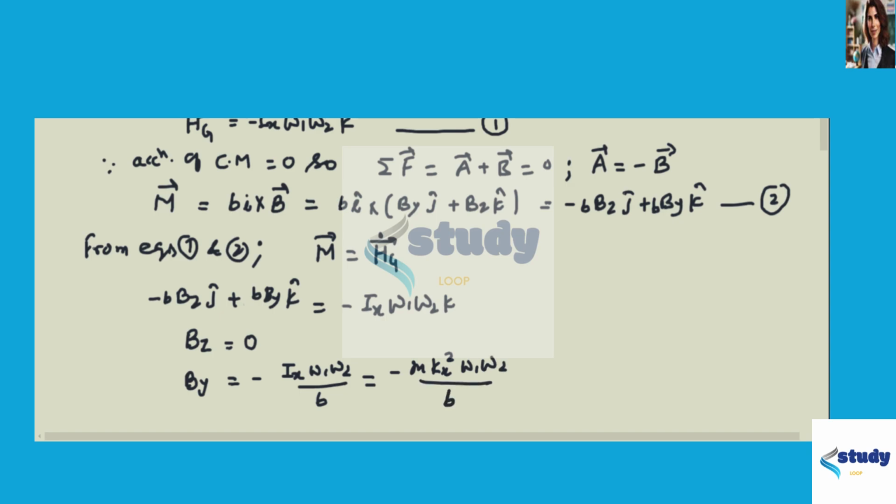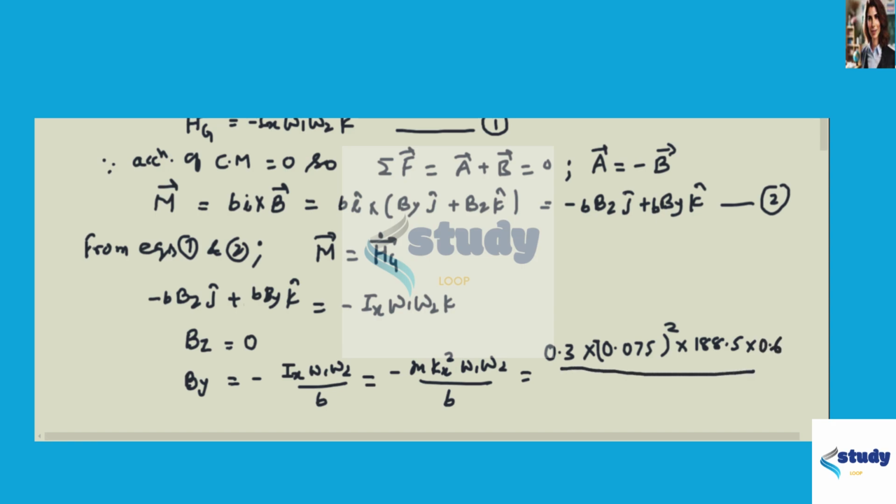Now substituting the values, mass is given 300 gram, that is 0.3 kg. Radius of gyration is given 75 millimeter, so 0.075 meter. Omega 1 is 188.5 radian per second. Omega 2 is 0.6 radian per second.